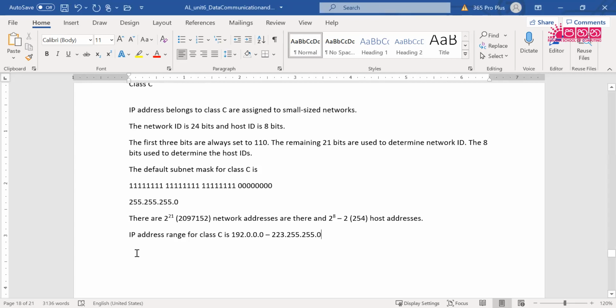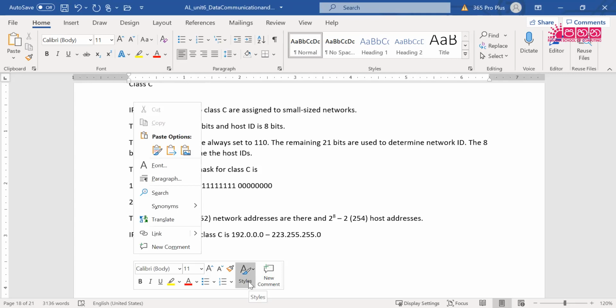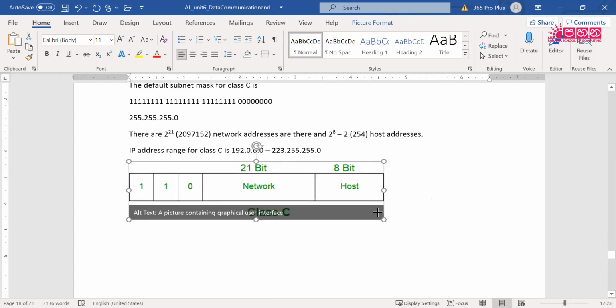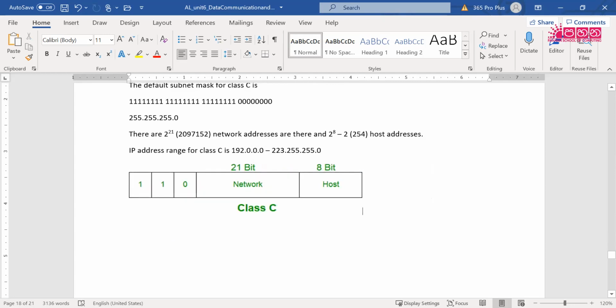You can draw the diagram for class C. You can see the first three bits 110 and 21 bits remaining for the network and 8 bits for the host.